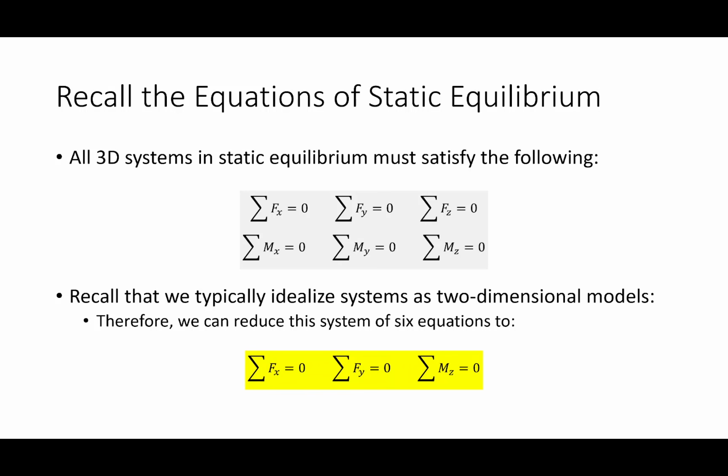The sum of forces in each cardinal direction must be 0, and the sum of moments in each cardinal direction must be 0. Now, we typically in civil engineering applications resolve that into a 2D model. And so in 2D, we have 3 equations of equilibrium: the sum of forces in the x direction, the sum of forces in the y direction, the sum of moments. We will be using those equations all semester. That is going to be our lifeblood in here.